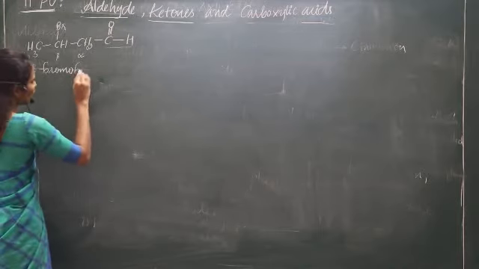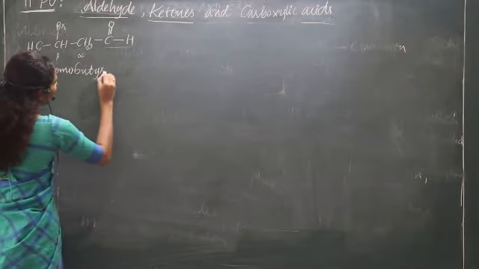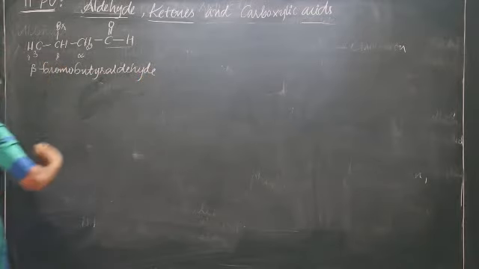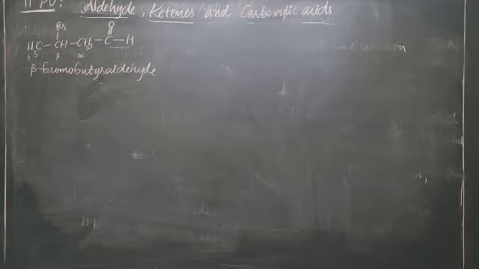Hence this compound is butyraldehyde. Total number of carbon atoms 1, 2, 3, 4, so its common acid name is butyric acid. Ic is replaced by aldehyde. Hence its name is butyraldehyde. It's about the common name of this compound.